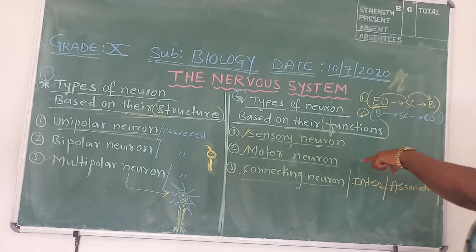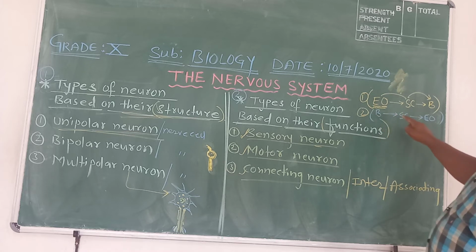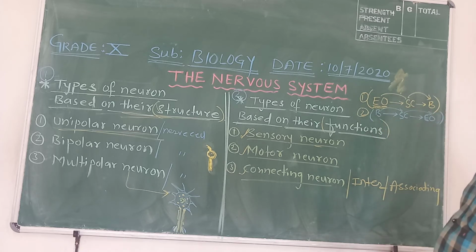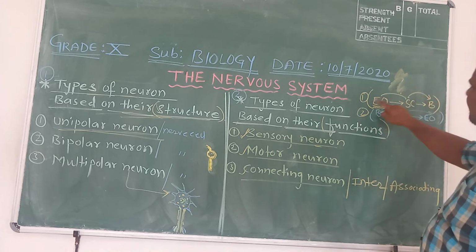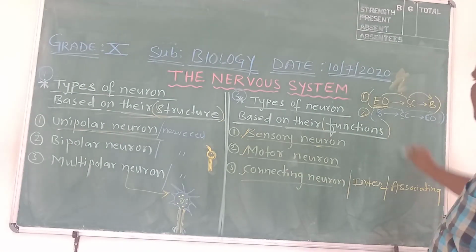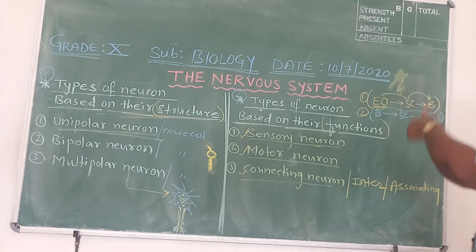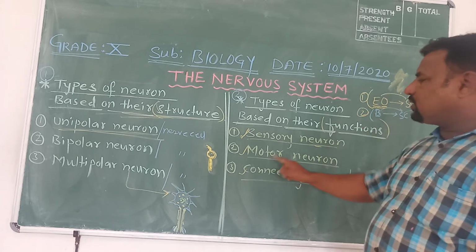But in the case of the motor neuron, it brings back the responses from the brain to the spinal cord, and from the spinal cord back to the effector organ. One way of sending information to the brain from the effector organ is done by the sensory neuron, and the motor neuron generates the nerve impulse from the brain to the spinal cord and back to the effector organ. This is the function performed by the motor neuron.